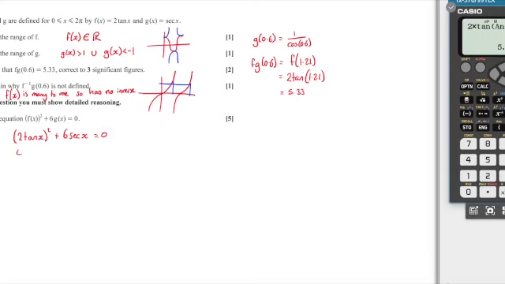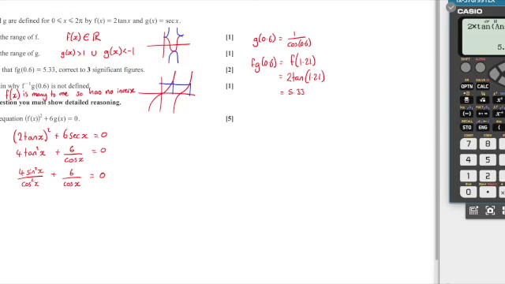So 4 tan squared x plus 6 over cos x equals 0. Let's rewrite tan squared as 4 sine squared x over cos squared x plus 6 over cos x equals 0.